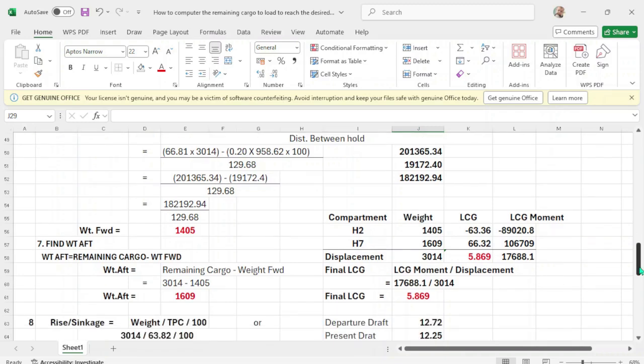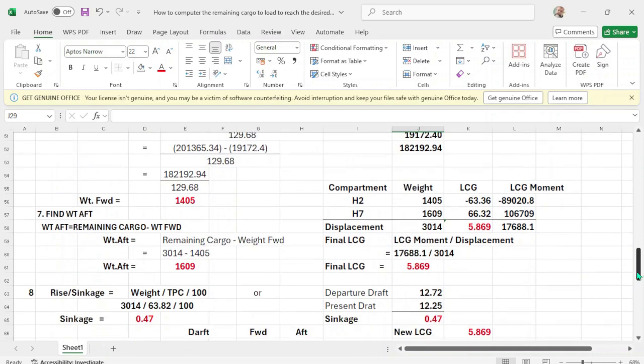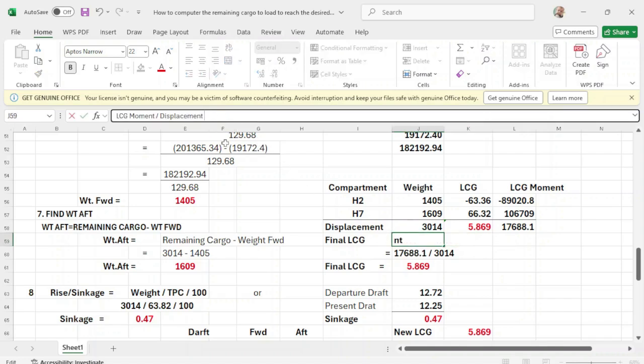Okay, to get the final LCG is LCG moment, which is this one, divide by your displacement, or your weight is 3014. You put this weight H2.